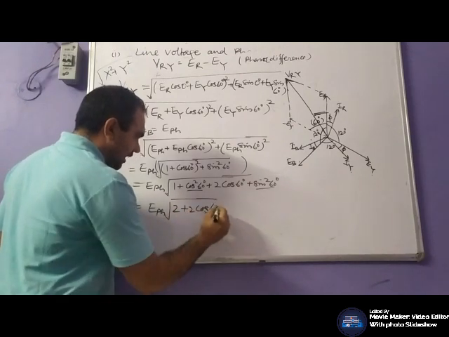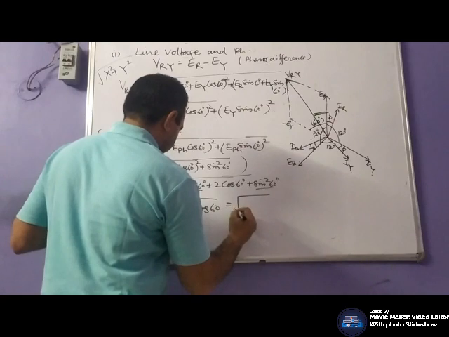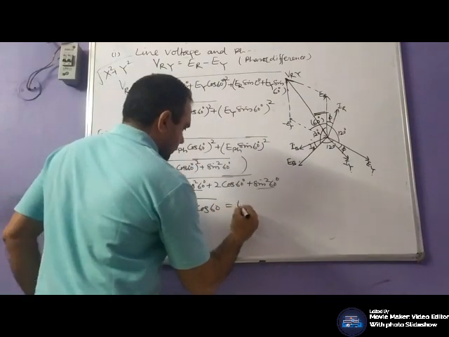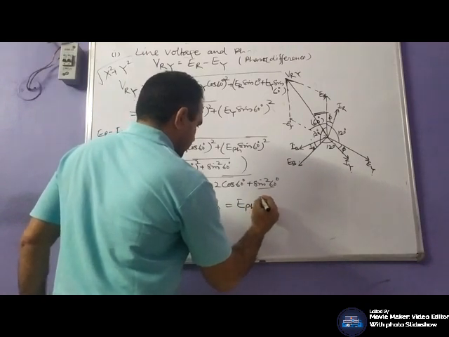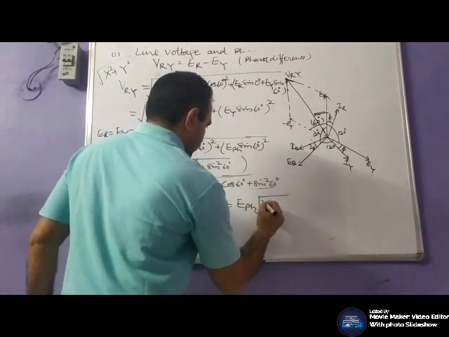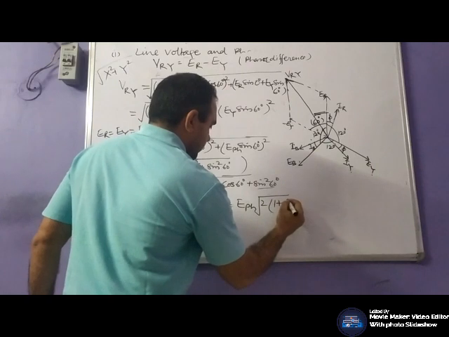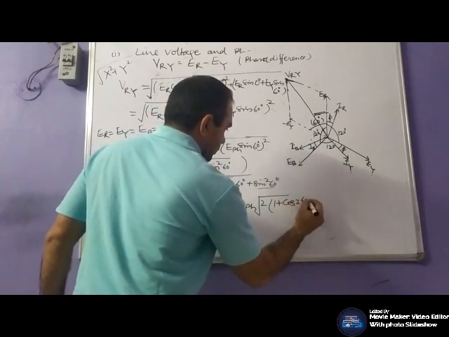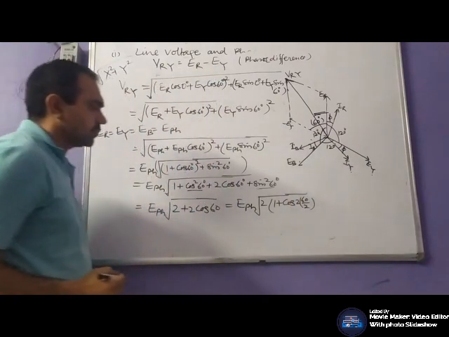Since sin squared theta plus cos squared theta is 1, this will be 2 plus 2 cos 60 degrees, or this can be written as E phase under the root of 2 times (1 plus cos 60). Let us divide and multiply by 2.